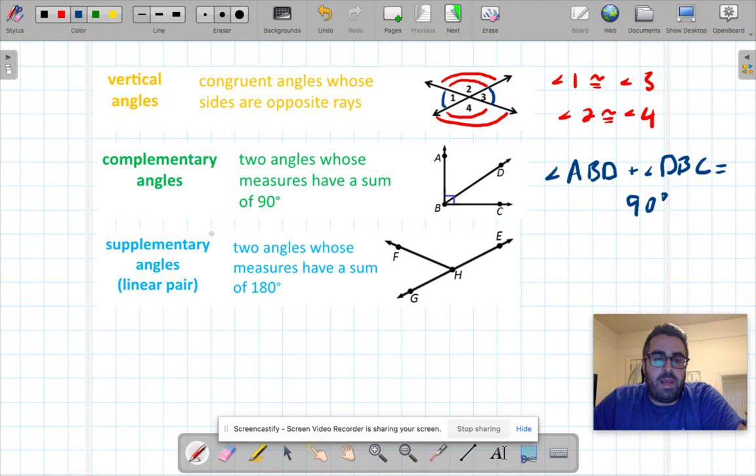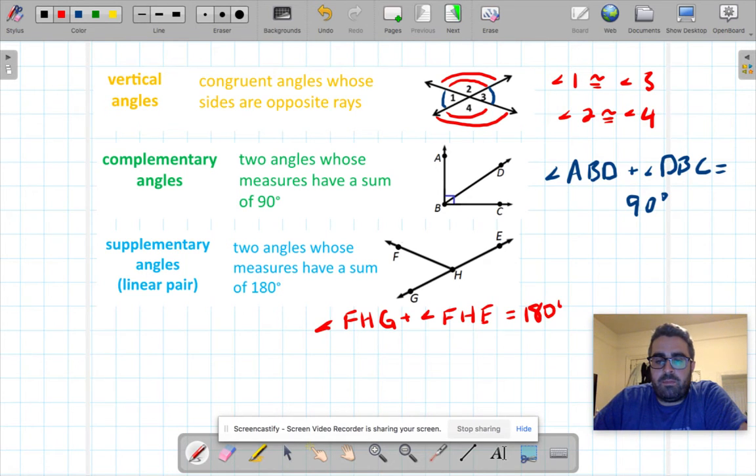Finally, supplementary angles are two angles who have a sum of 180 degrees. So in this diagram, angle FHG plus the measure of angle FHE is equal to 180 degrees.